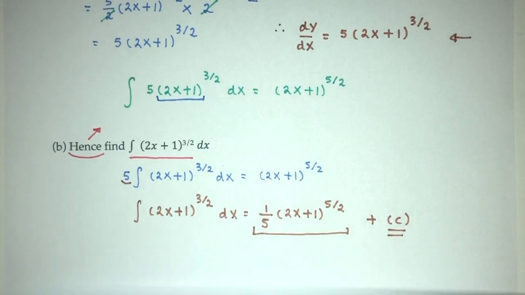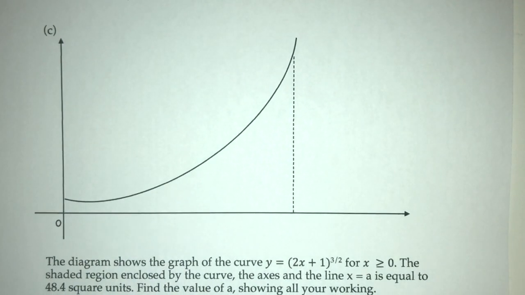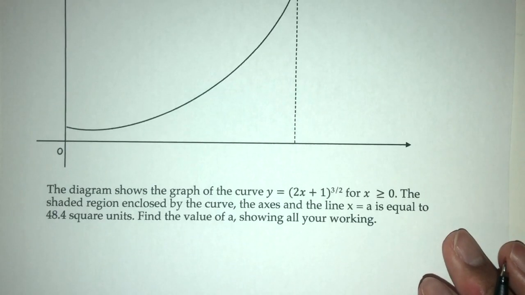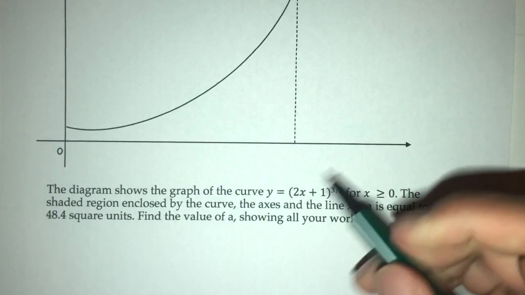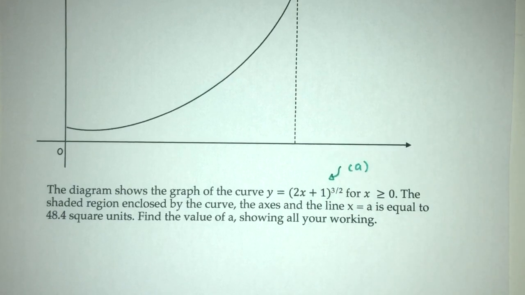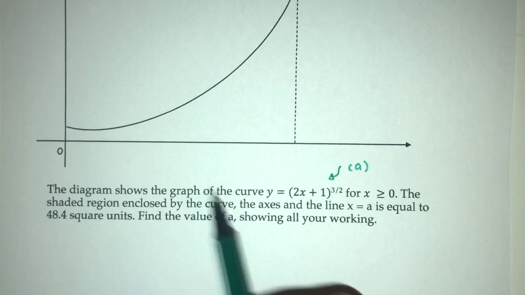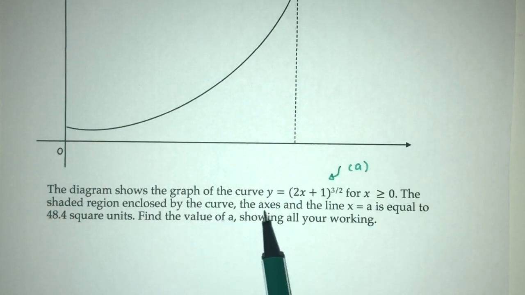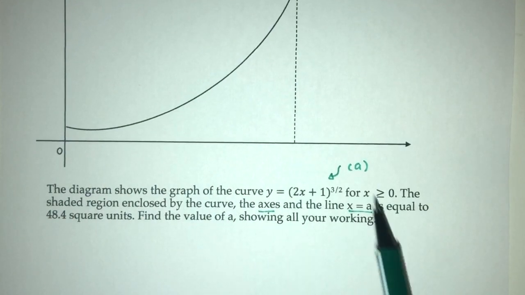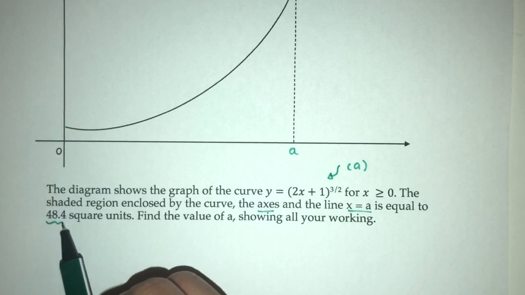Now let's move on to part C of the question. So here we have the diagram shows the graph of the curve y, as we have seen from part A of this question, for the value of x more than 0. Now the region that is enclosed by the curve and the axis and the line x equal to a is equal to 48.4 square units.